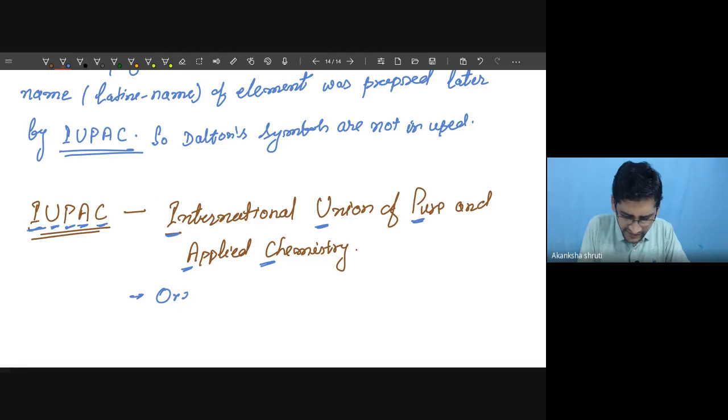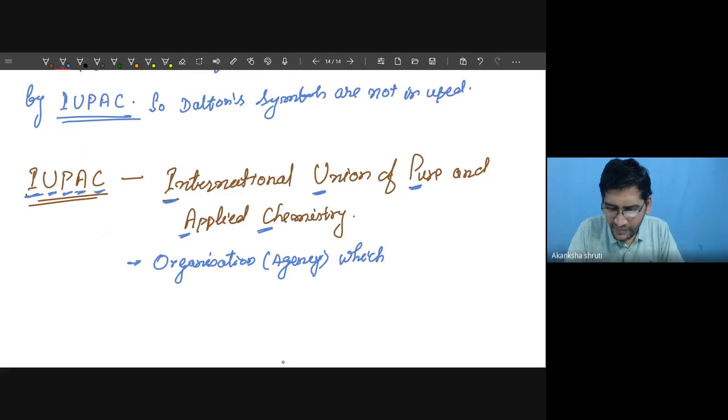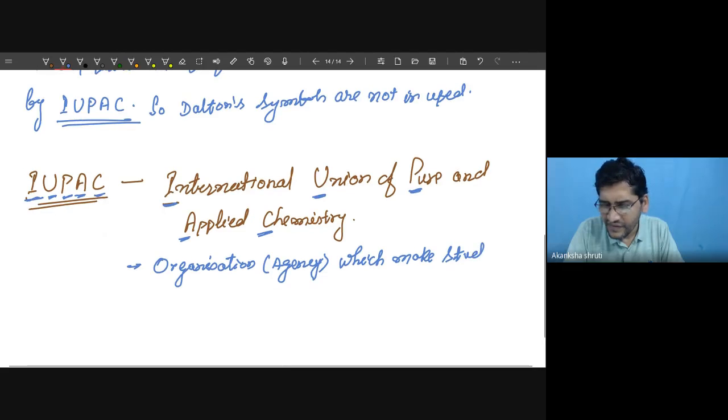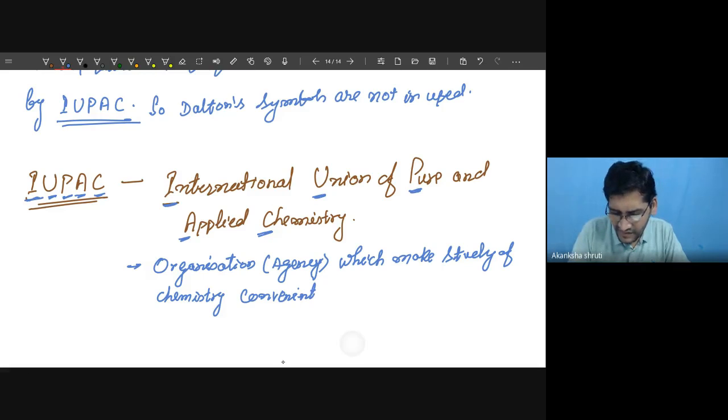So just write one line. Organization, sometimes also called an agency, which makes the study of chemistry convenient, and not only convenient but internationally acceptable.